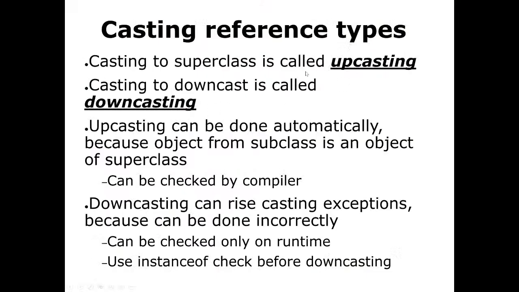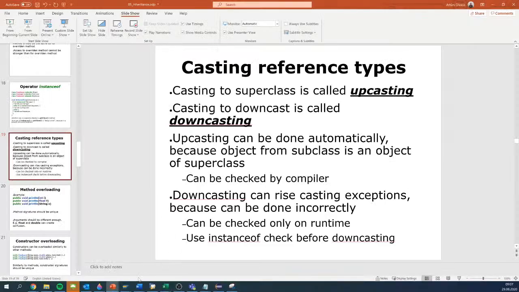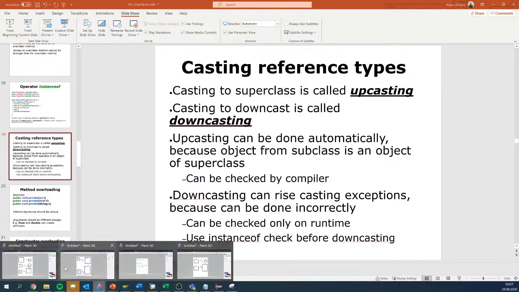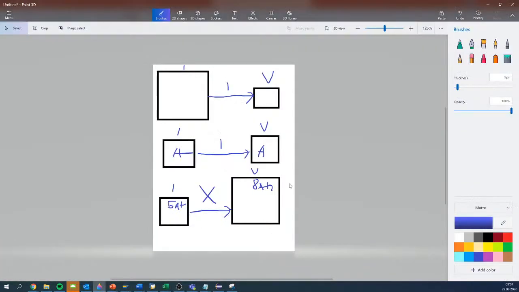It's just about the variables. And yes, upcasting can be done automatically, as was said yesterday, because an object from a subclass is an object of the superclass, it can be checked by the compiler. Yes, that's true. That's the simplest case.